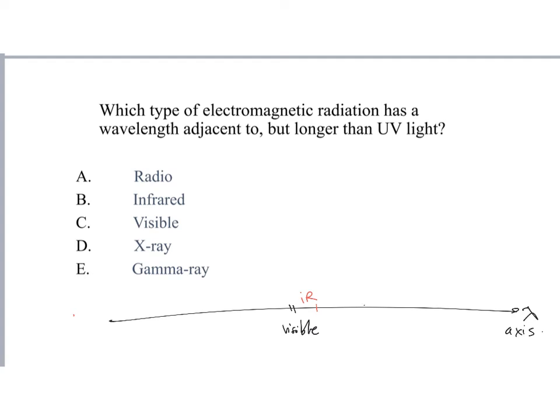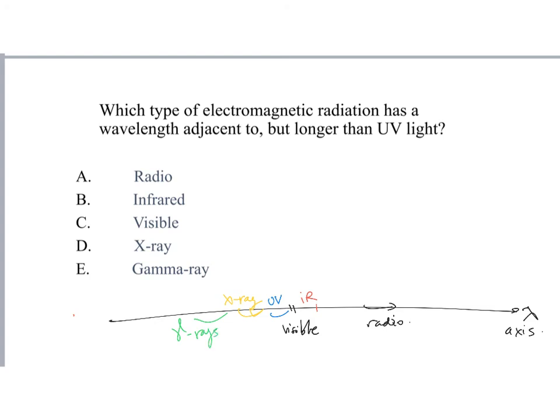And then you move into radio. How about shorter wavelength or higher energy? Adjacent to this is going to be UV, and then you move into X-ray, and then the color doesn't really matter, gamma rays.